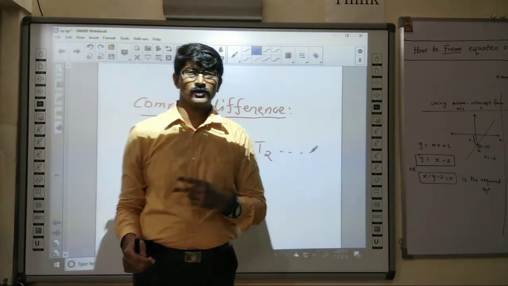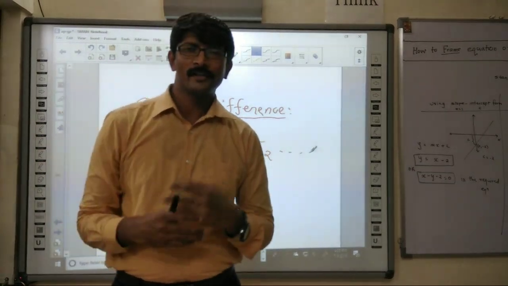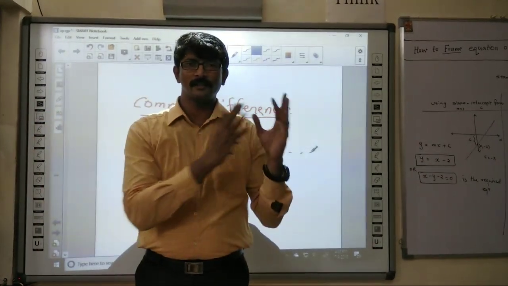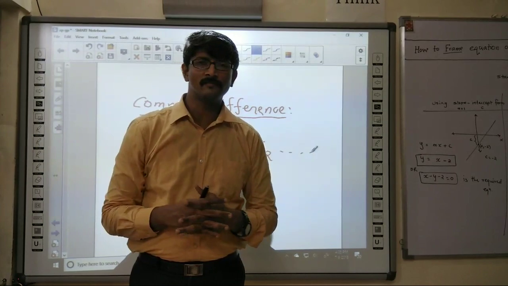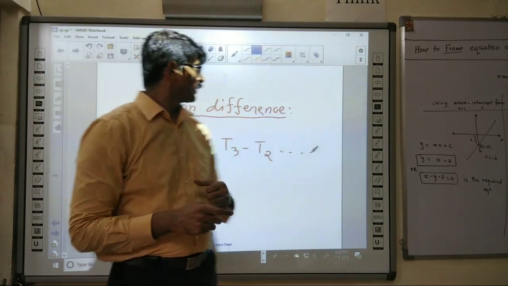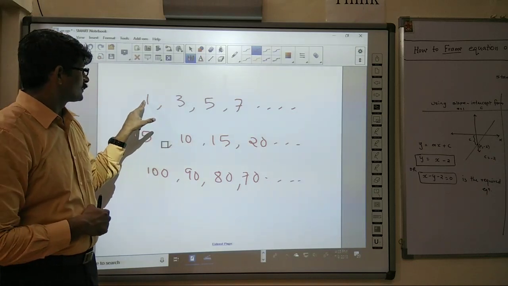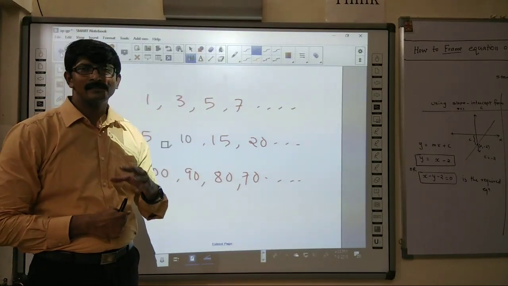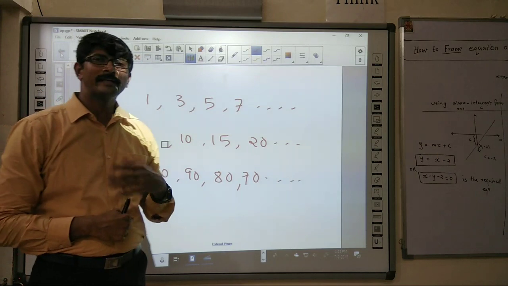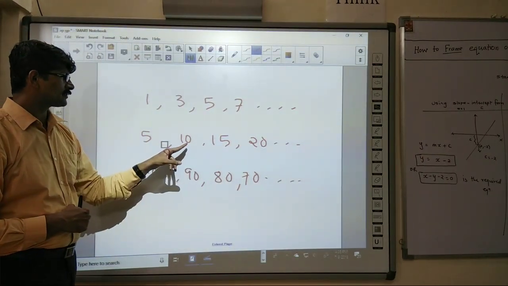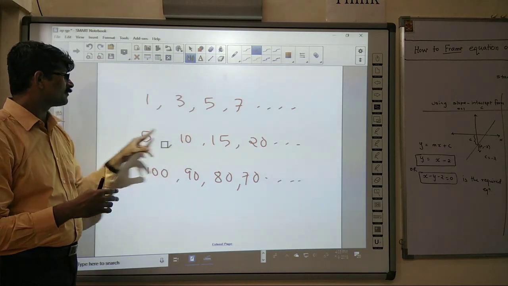Any two terms, if you subtract, you are going to get a difference. But student, always remember that succeeding term minus preceding term will be the correct difference. Like in this example, if you find the difference as 1 minus 3, then that is not the correct difference. You will get a negative D. Say, you can't find the difference as 5 minus 10. You have to find the difference as 10 minus 5.